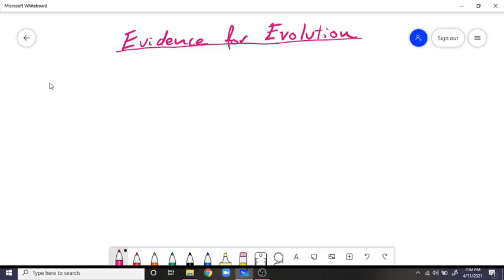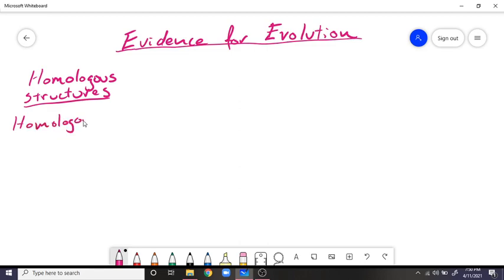The first line of evidence is called homologous structures. Homologous is a fancy word that means the same.